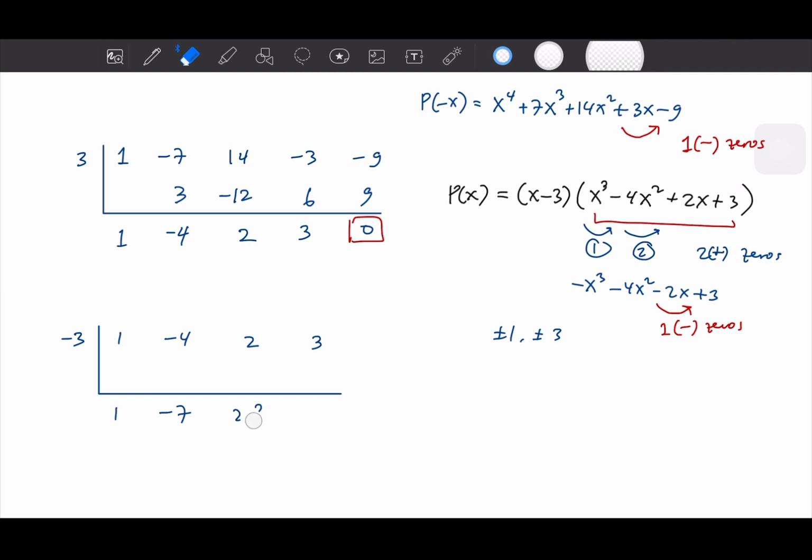I think not. Let's check the other part. I think we could check 1. I think maybe I wrote some mistake before. Okay, sorry if I wrote that.